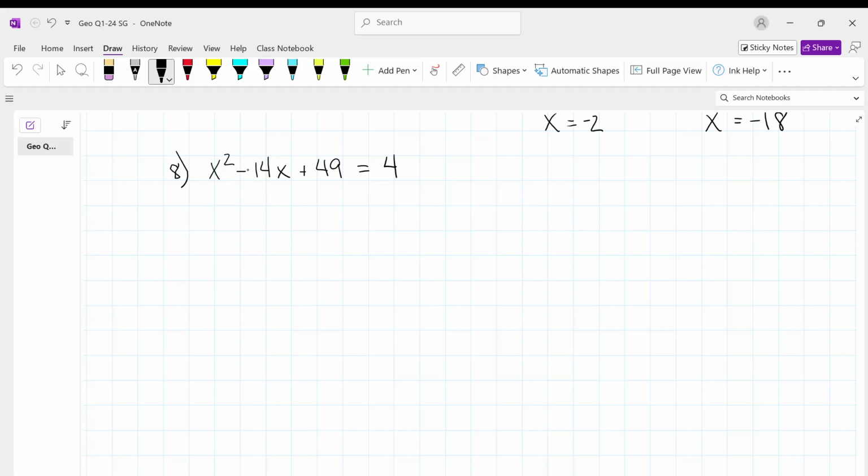But this middle term is negative, so our factors are negative. X minus 7 squared is equal to 4. Square root both sides. X minus 7 is equal to positive or negative 2.